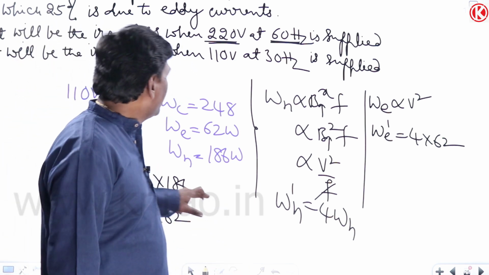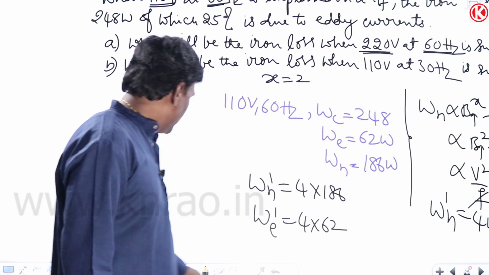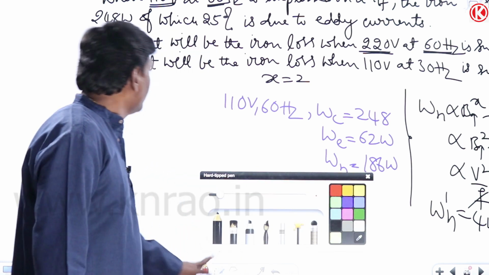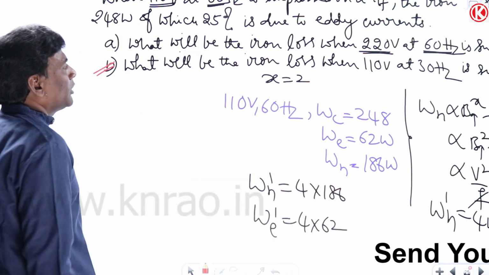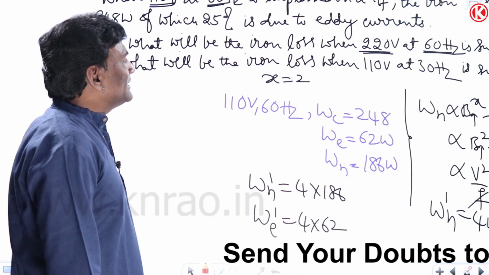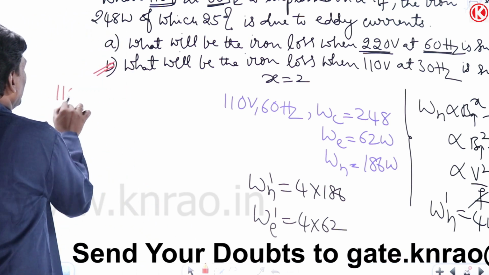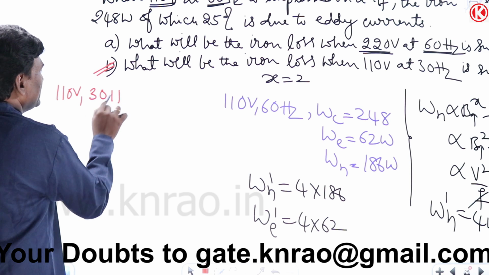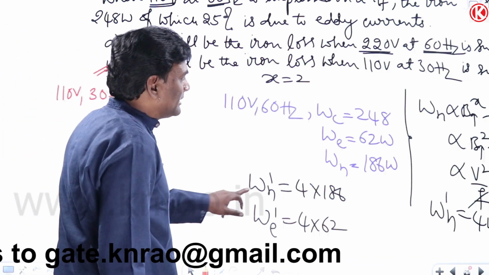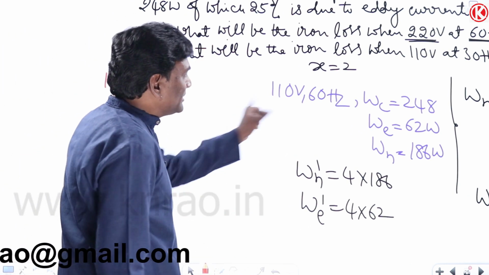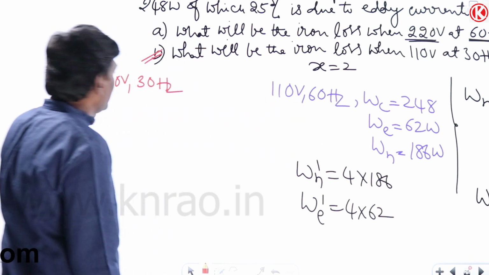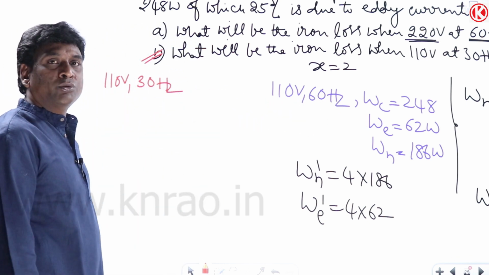Fine. Now let us think of the second case. What will be the iron loss when 110 volts 30 Hz is given? At 110 volts 60 Hz we got losses, same 110 volts, but frequency is reduced to half.